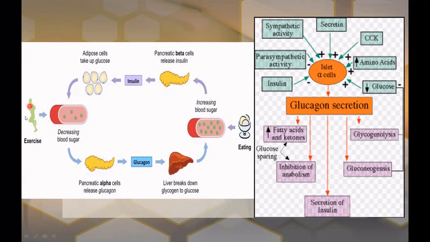And consider the system of exercise, where your blood glucose concentration has gone low and your pancreatic alpha cells will synthesize glucagon. So the glucagon will act on the liver, which breaks down glycogen to glucose and provides an increase in the blood sugar levels. So this is sort of a reciprocal cycle which happens regarding the blood sugar.